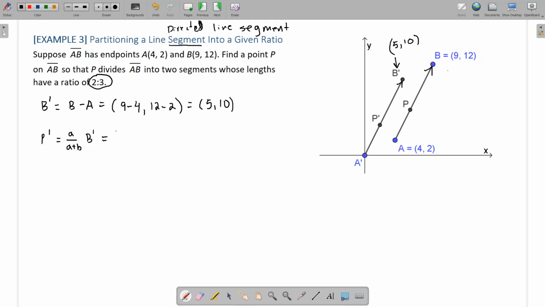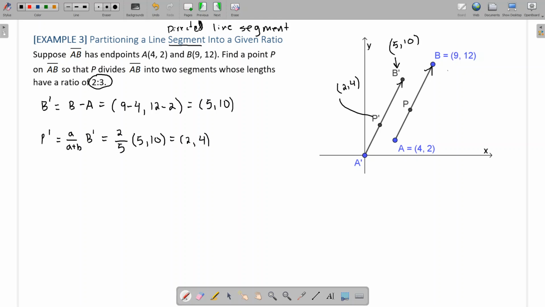So in this problem, scale factor would be 2 over 5, because you have to add the A and the B together. And then B prime we have sitting right here. So 5, 10. Multiply each component, so you've got 2 and then 4. So this point right here is really the point 2, 4.